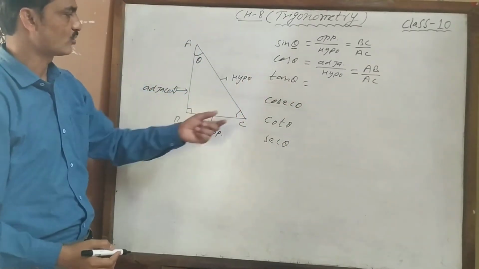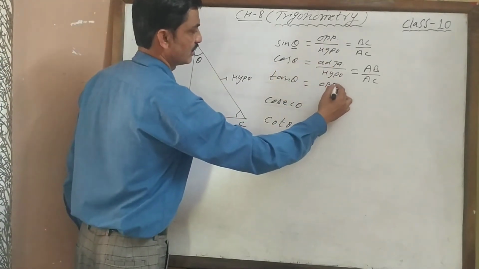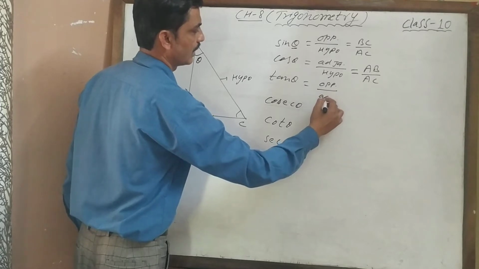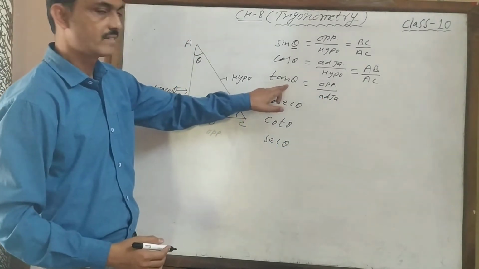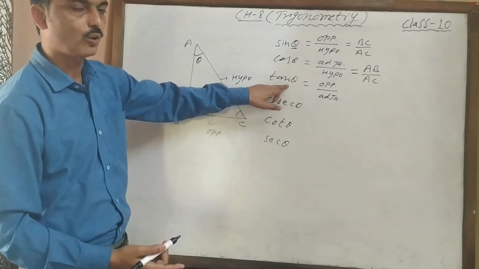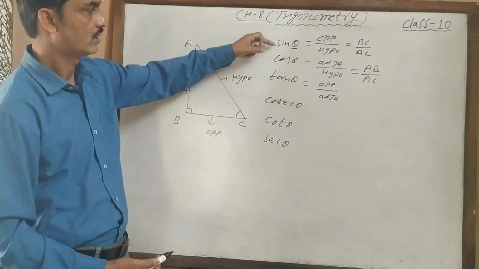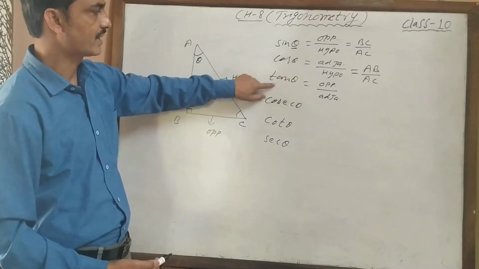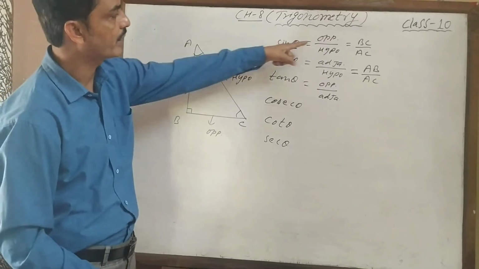Now, what is tan theta? Tan theta is always opposite upon adjacent. Tan theta is also known as the ratio of sine upon cos. Sine theta upon cos theta. Look at here.